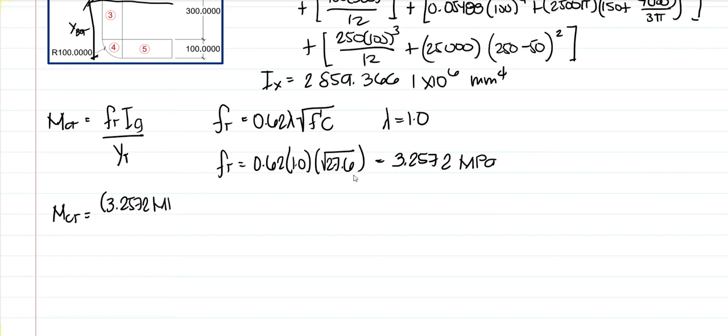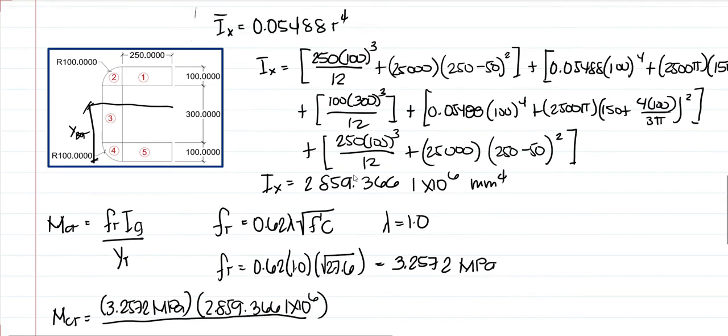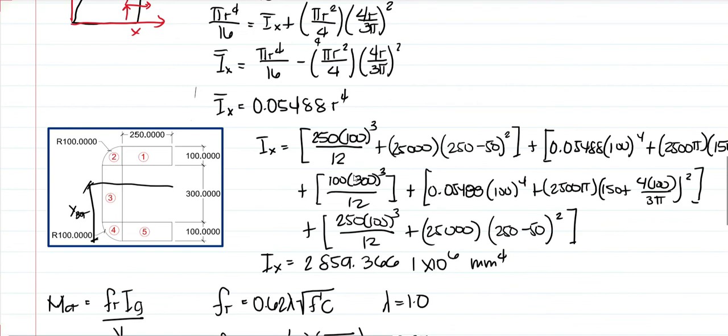Then, yung inertia natin will be 2859.3661 times 10 raised to 6 divided by our YT. Yung YT natin, yung Y bottom, kasi nandito sa baba yung tension side. Nandun kanina yung rebar natin, as you can see from the given.